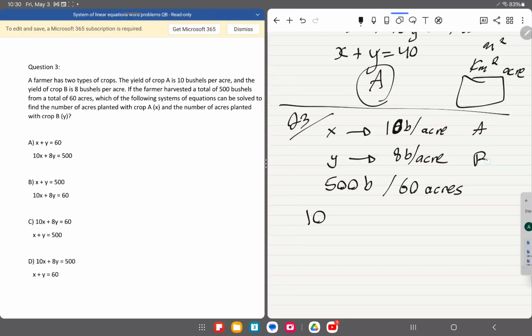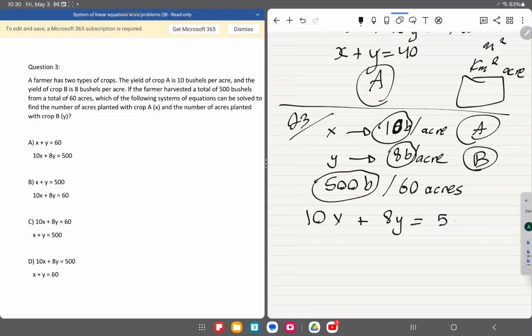This is A, this is B. So 10x plus 8y is going to be equal to bushels, which is going to be equal to 500. And x plus y is going to be equal to 60.